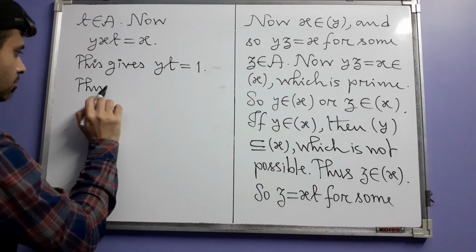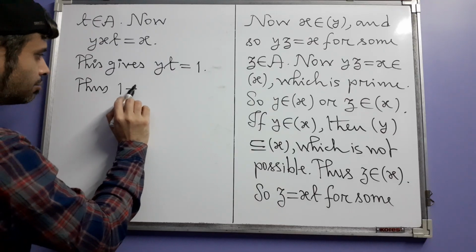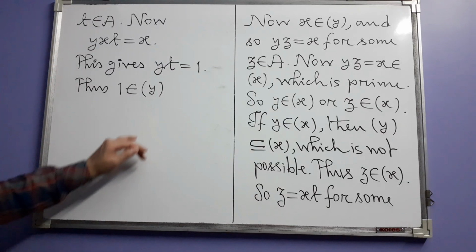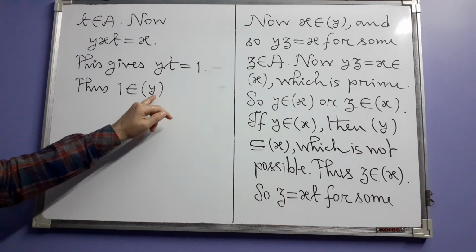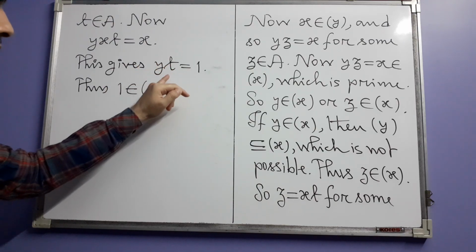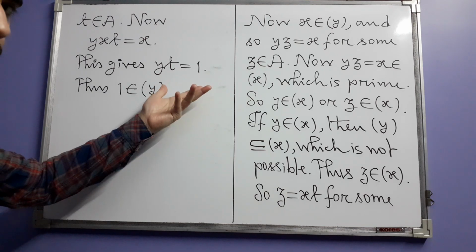Thus 1 then belongs to the ideal generated by y. Why? Because yt is 1 and this is an ideal, so the multiple of y will belong to the ideal.